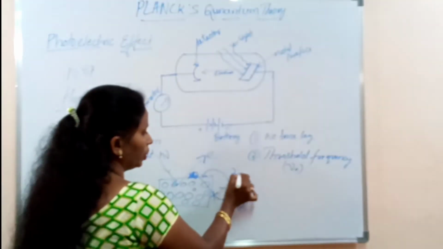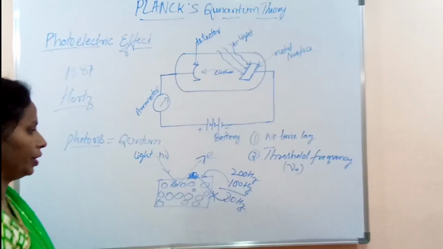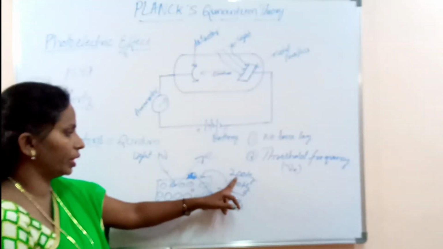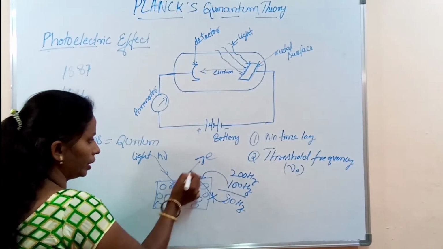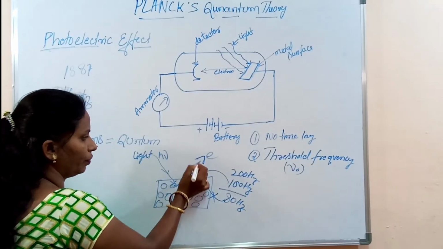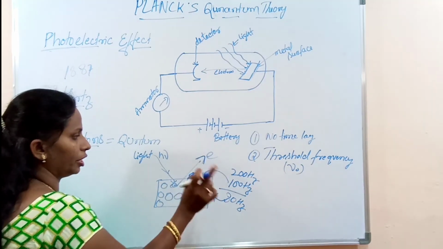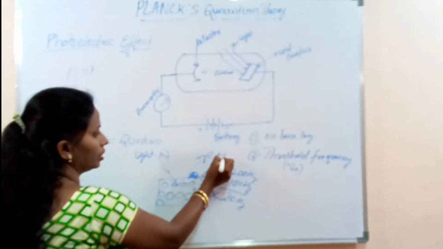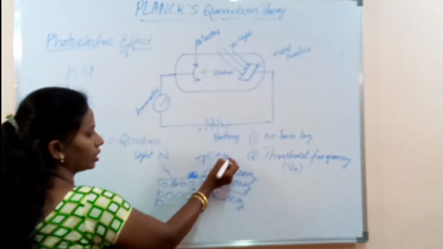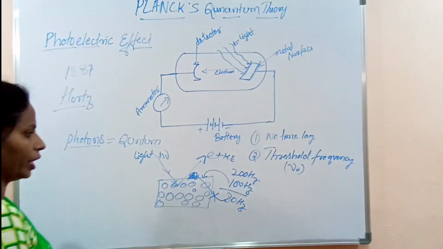Suppose I allow radiation with the frequency 200 hertz, then it will eject an electron, and the electron will move with some velocity, associated with kinetic energy equivalent to the remaining 100 hertz. The remaining 100 hertz will appear in the form of kinetic energy along with the electron.